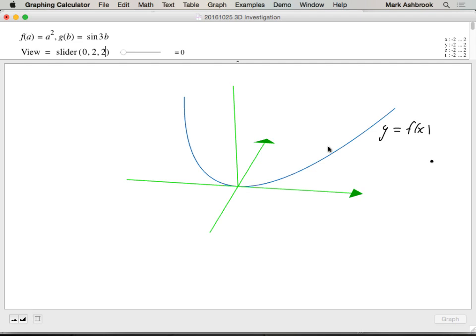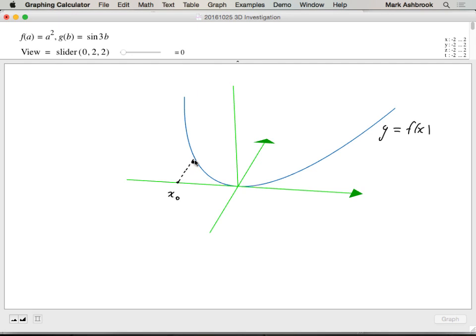So now I'm going to put right here, I'm going to call this x naught. Okay? So that's a particular x value there. And then this is in the xy plane. I'm going to draw up to there.